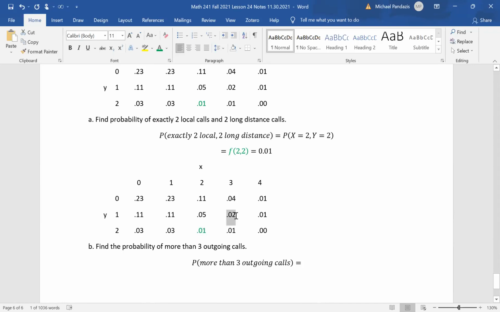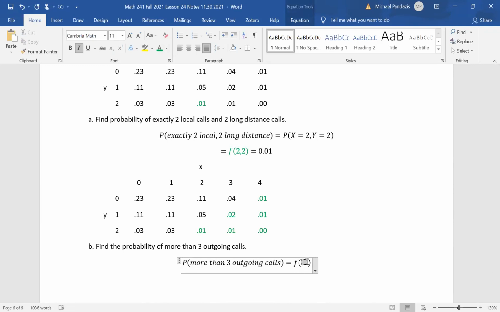This is also more than 3. 3 plus 1 is 4. 3 plus 2 is 5. 4 plus 0 is 4. 4 plus 1 is 5. And 4 plus 2 is 6. So these are all the probabilities corresponding to X plus Y, the number of local plus the number of long distance, being more than 3. And so you just add up those probabilities.